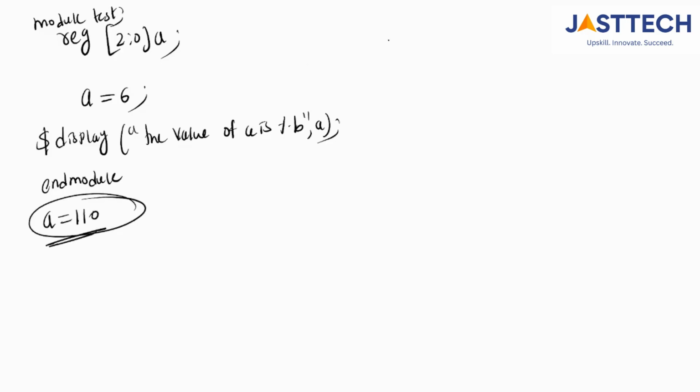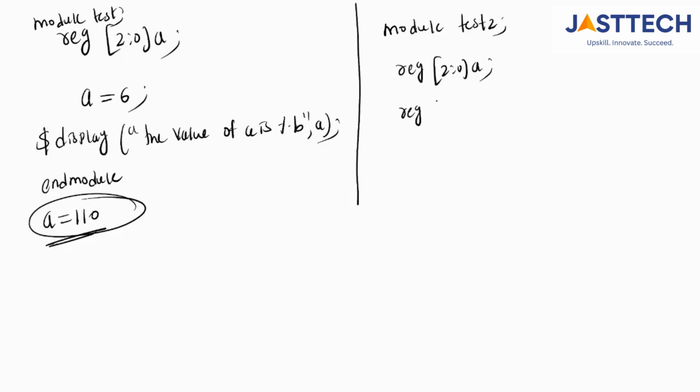One more snippet I will write. Let us take module test2. I am declaring reg 2 down to 0 a, and reg 2 down to 0 b. I am giving a equal to 6 and b equal to -6. After that, what is the value of a and what is the value of b?